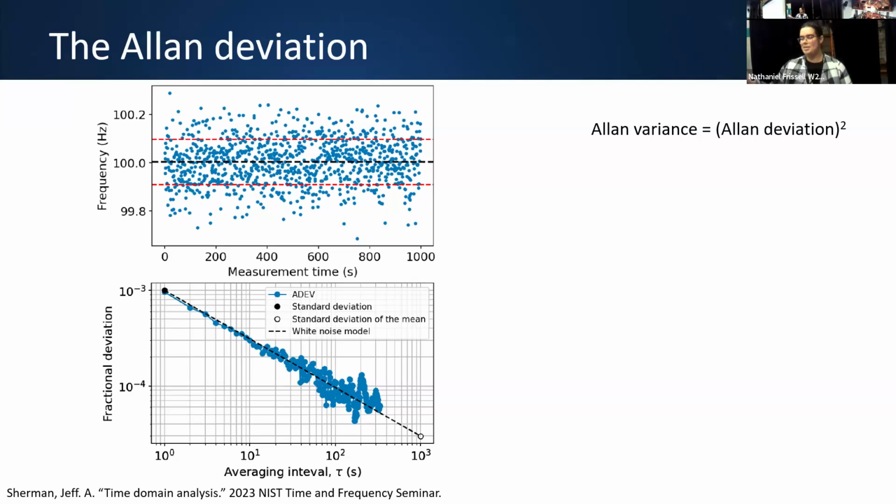Like the standard deviation, the Allan variance is the Allan deviation squared. Here's some data. This is white Gaussian noise. With that noise, the Allan deviation reproduces, you can see it starts over there reproducing the standard deviation, so it's normalized, it lines up with your existing statistics, and actually reproduces the standard deviation of the mean that some of you might be familiar with, that goes like standard deviation over root n.